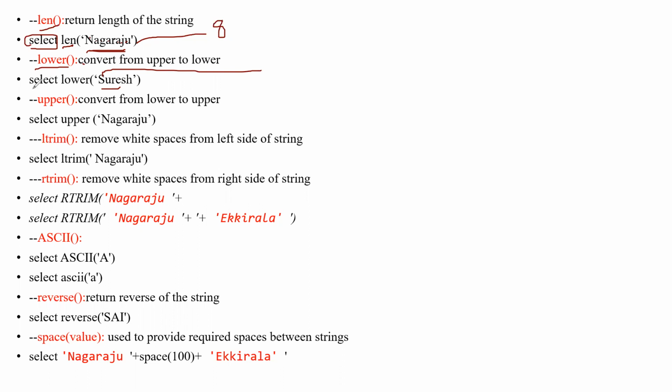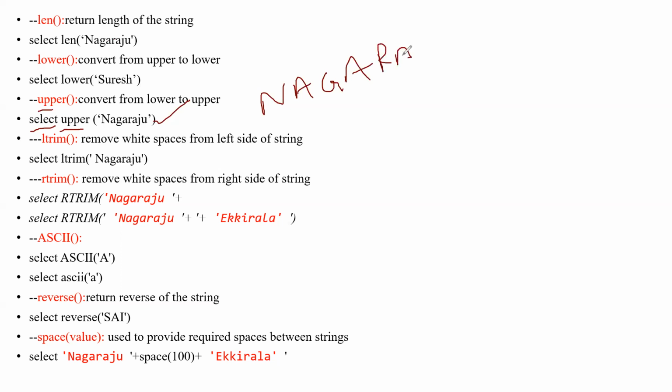So select lower Suresh. What is the output? Small s u r e s h. Now if I want to change all the values to uppercase, again select upper Nagaraj. Now what happens? The output is N A G A R A J.